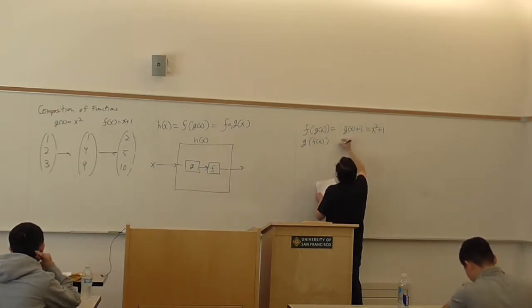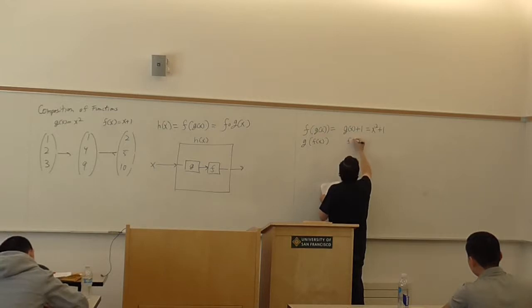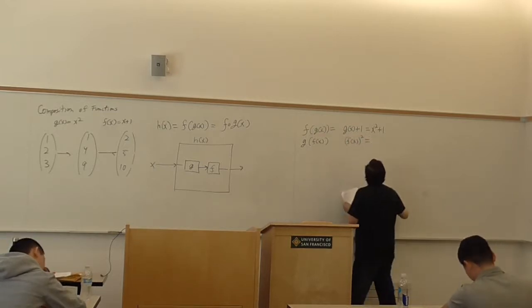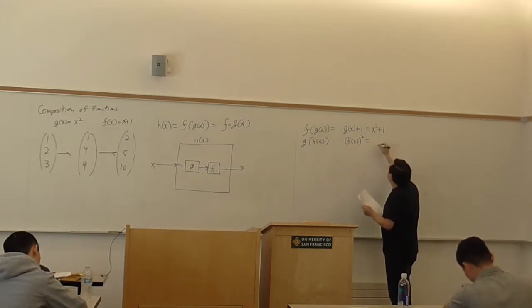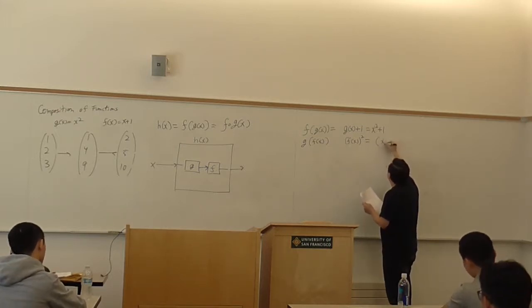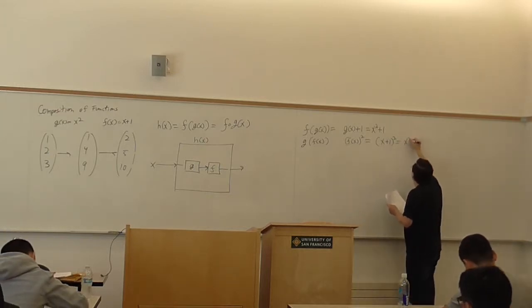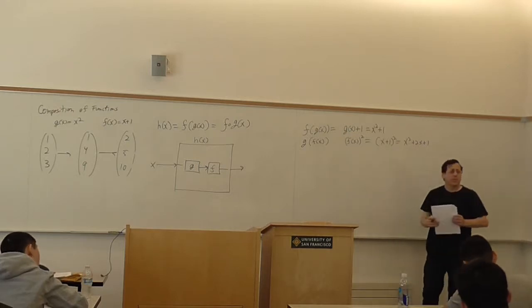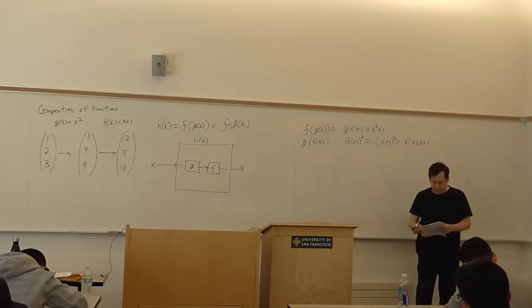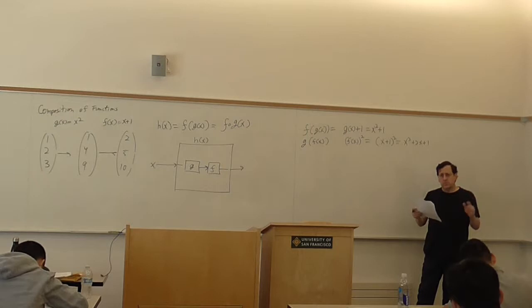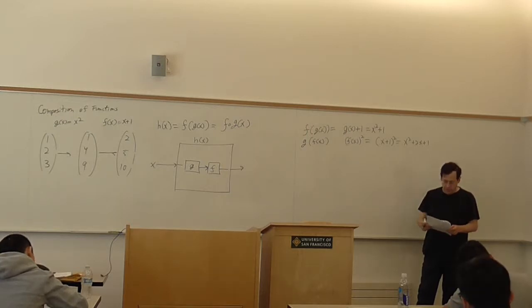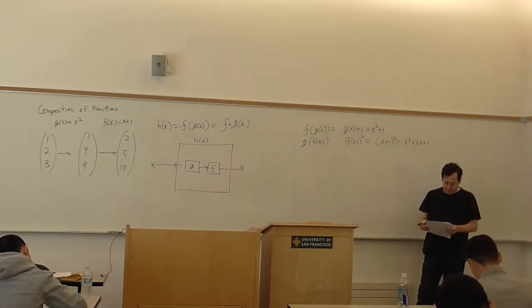Well, g is going to take its independent variable and square it. f of x is x plus 1. And that's x squared plus 2x plus 1. Definitely not the same thing. So you do want to take care when you're composing that you compose it the right way.